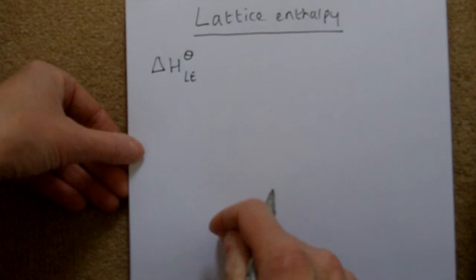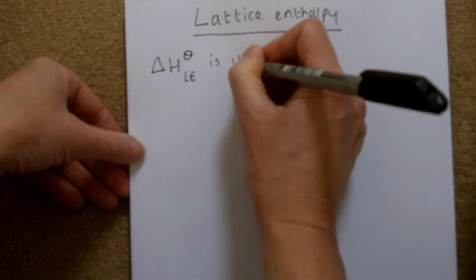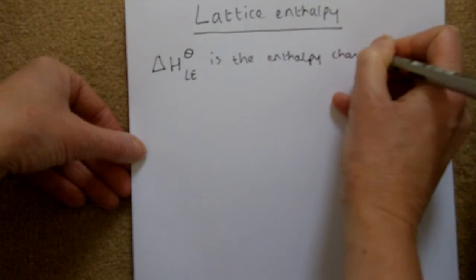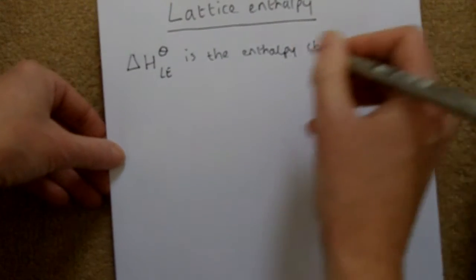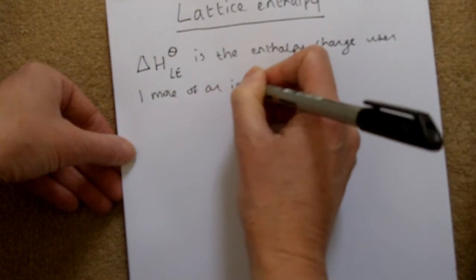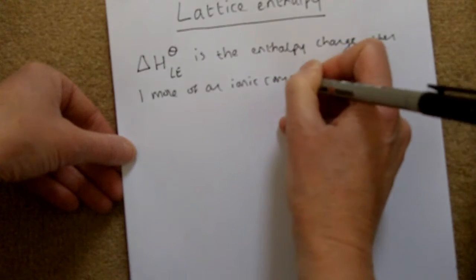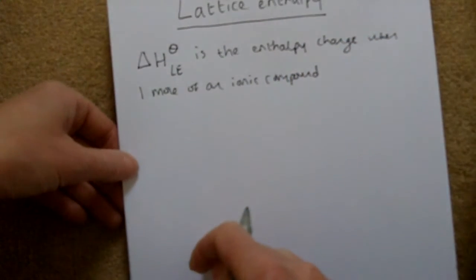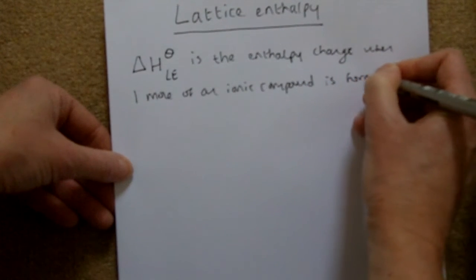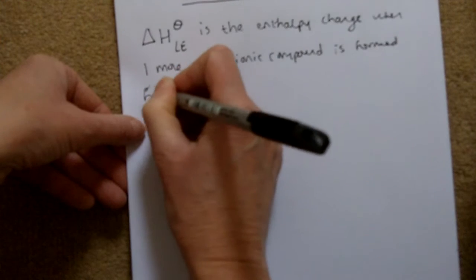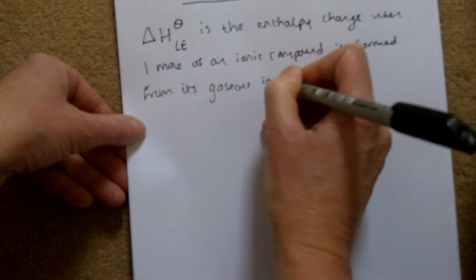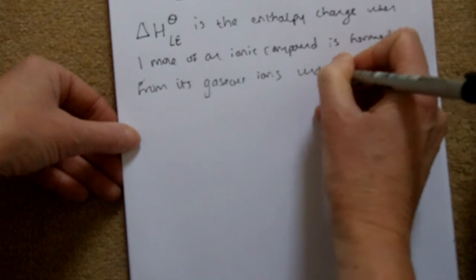Standard enthalpy change for lattice enthalpy is the enthalpy change when 1 mole of an ionic compound is formed from its gaseous ions under standard conditions.